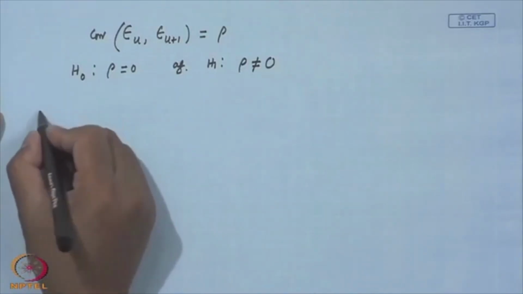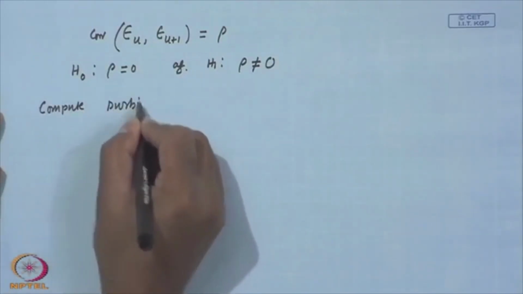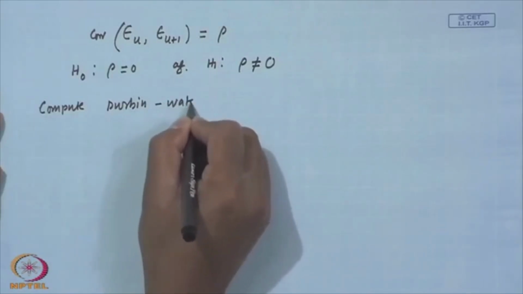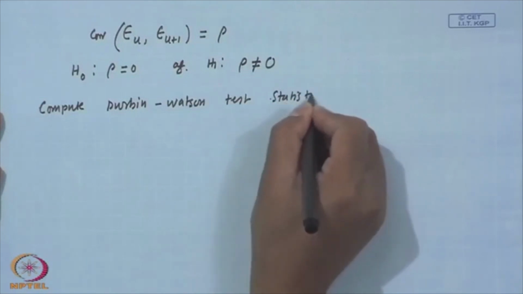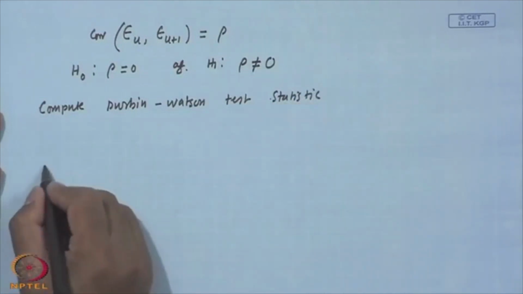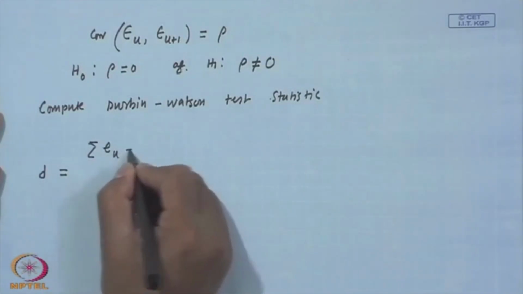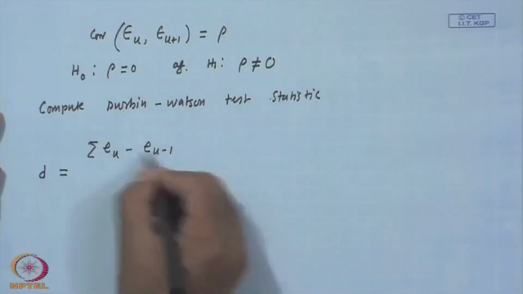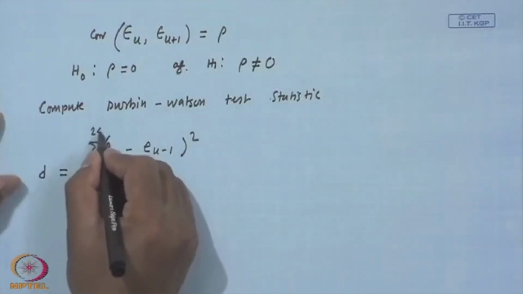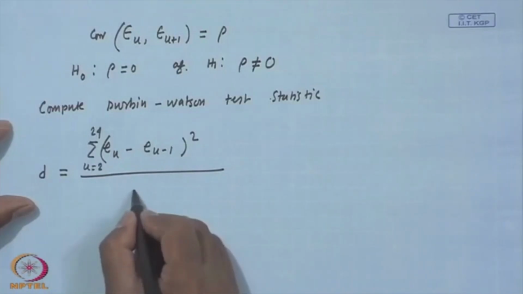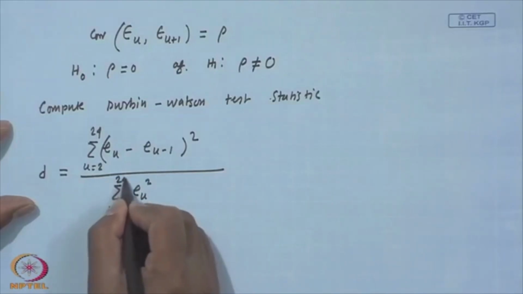So, what we do is compute the Durbin-Watson test statistic. That is D equal to the sum of E u minus E u minus 1 squared, u from 2 to 24, divided by the sum of E u squared for u equal to 1 to 24.